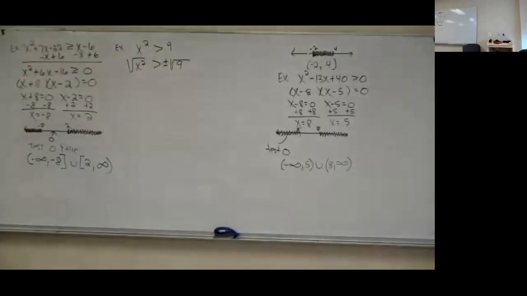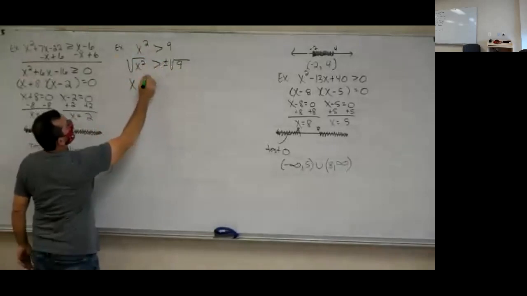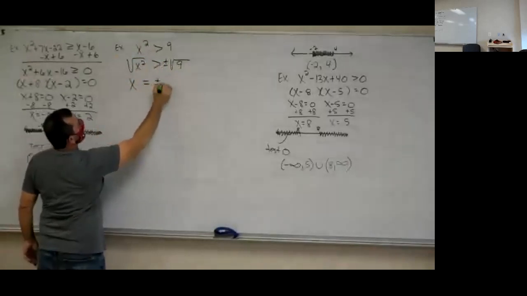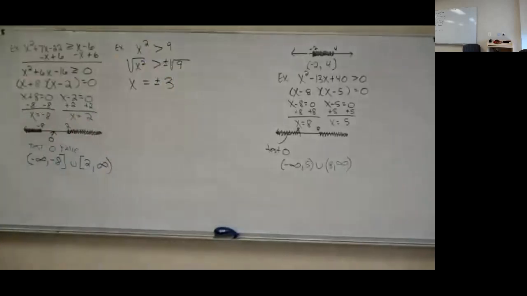That's why on all those radicals, when y'all are doing it, it's got that plus or minus in the answers. Because remember, -3 times -3 is also 9, okay? All right, so square root of x squared is x. I'm just going to use equals here. And square root of 9 is a plus or minus 3, okay?